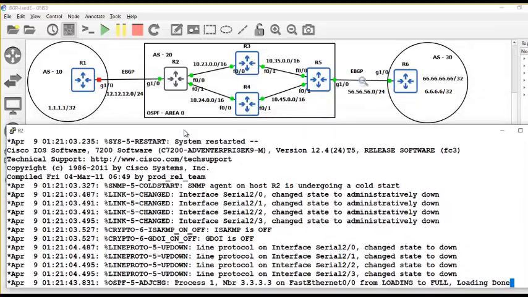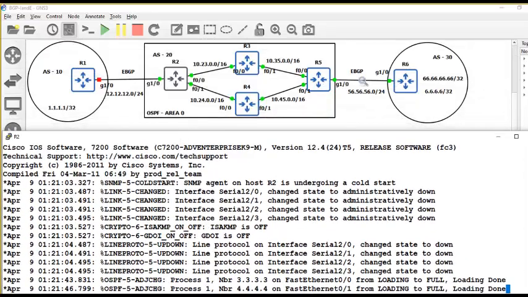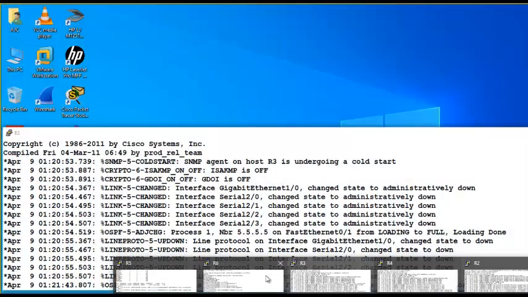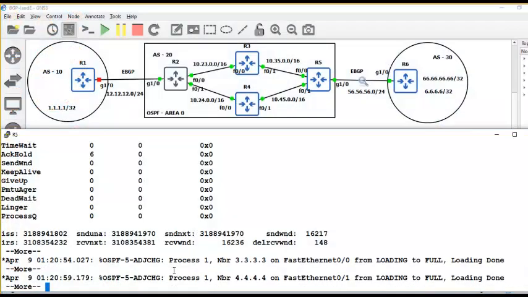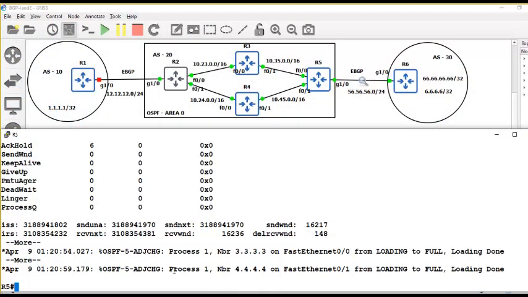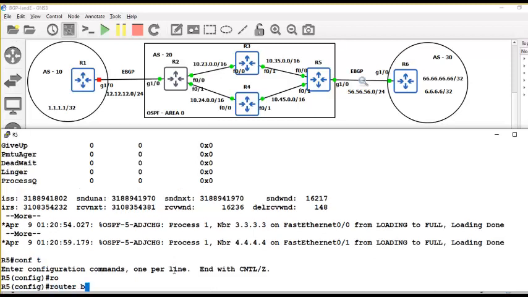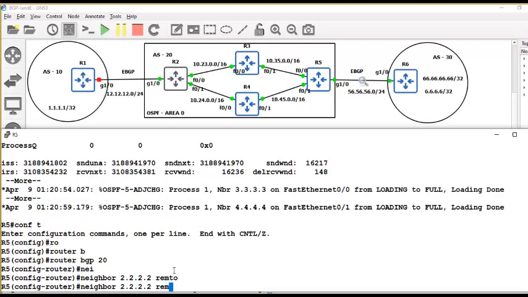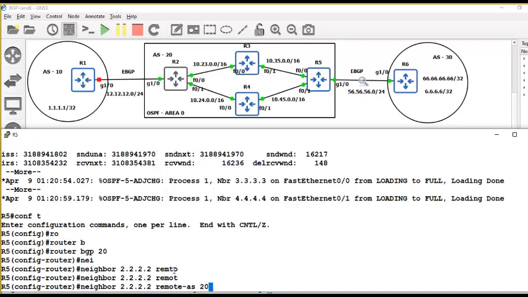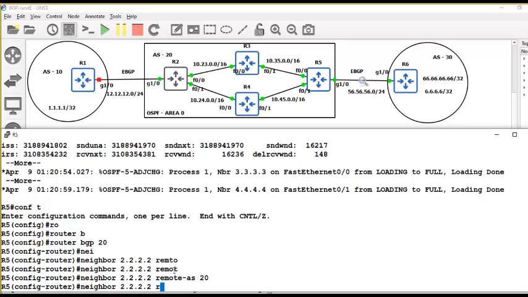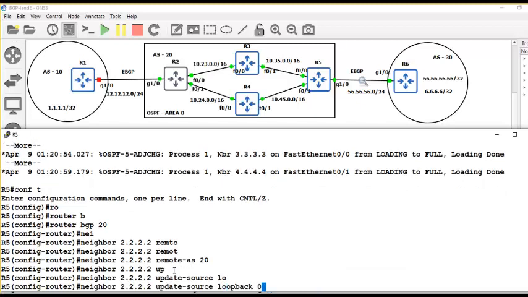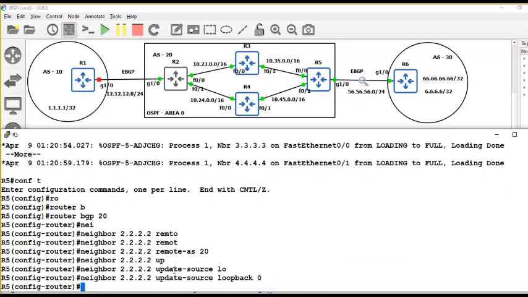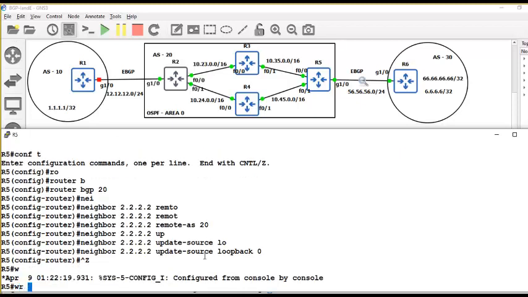Alright, if you now go to router 5 and say router bgp 20, you have a neighbor called 2.2.2.2, remote AS 20, and then you need to say update source. Now you will see the neighborship coming up, because on R2 I have already configured it. Yeah, you see, the BGP neighbor has come up.